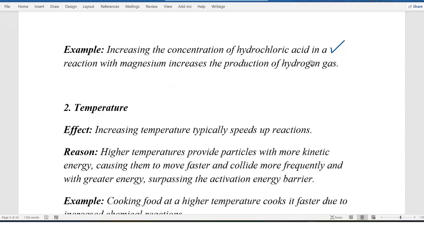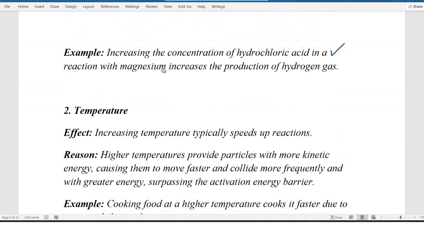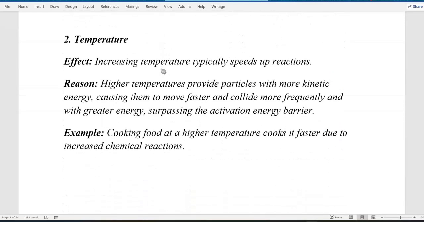Then you look at the other one, concentrated hydrochloric acid with magnesium, and you'll find that the latter will produce more hydrogen gas than the former. And therefore, it is very important to look at the concentration of the reactants.